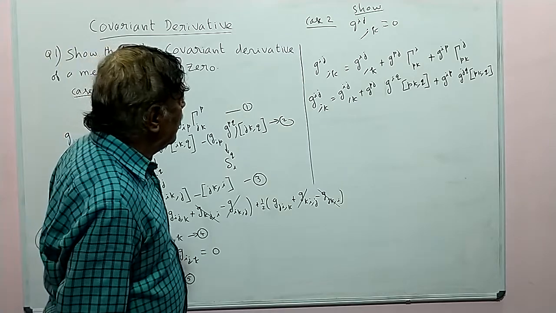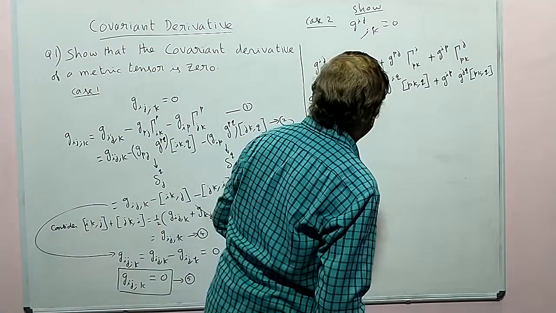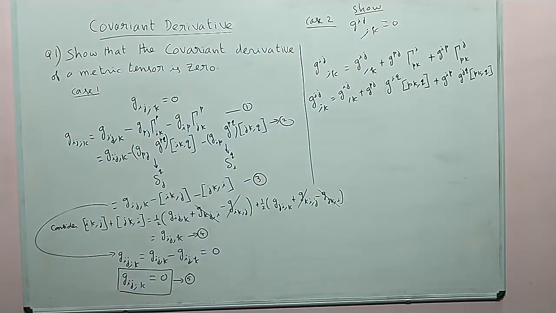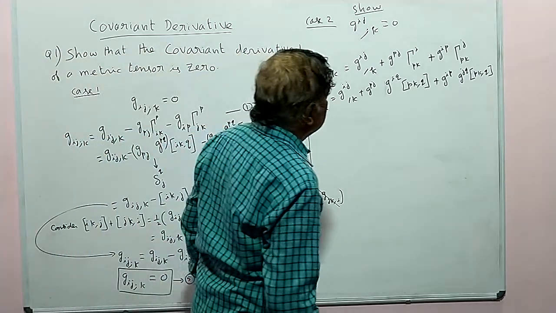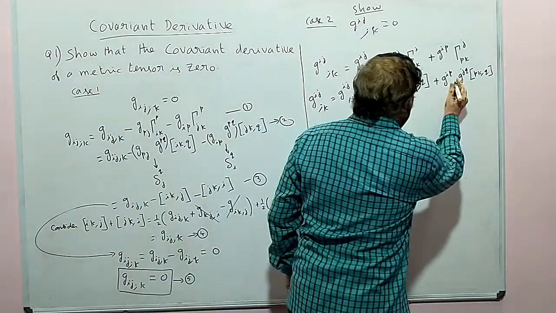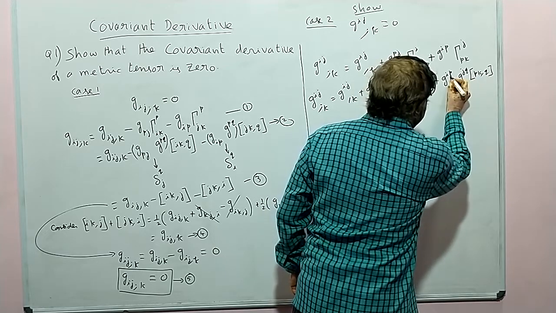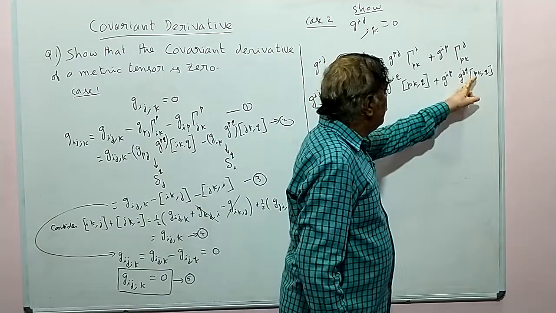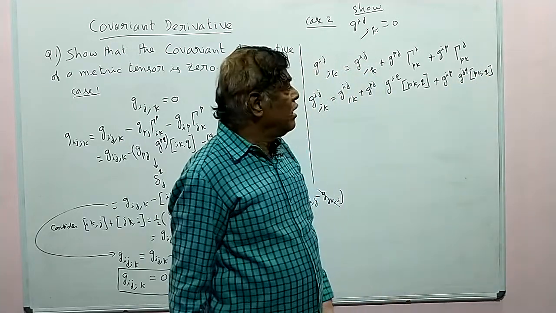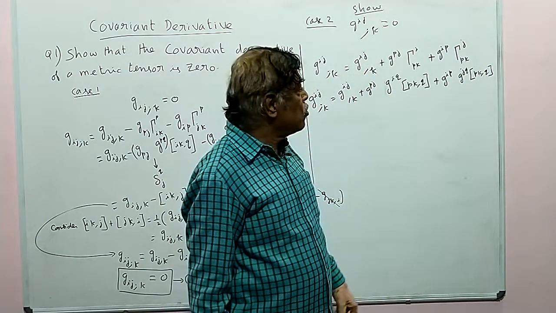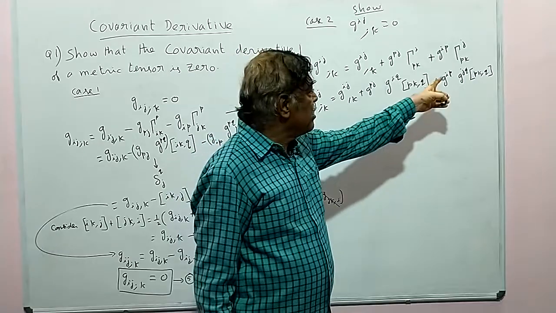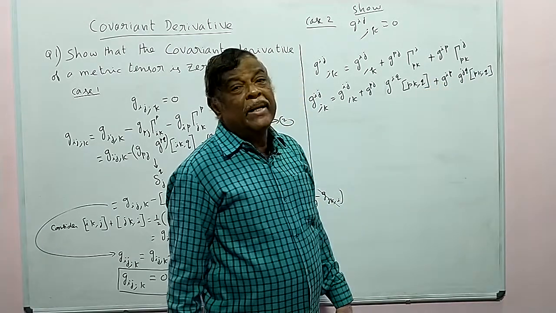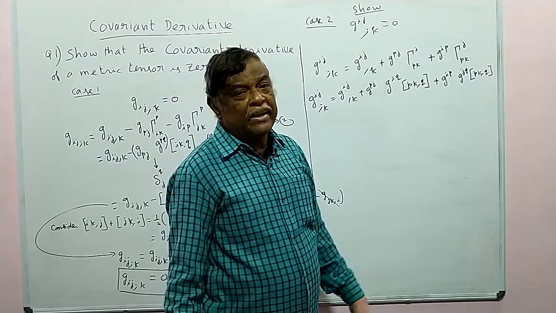Then here you see p and p, the two indices are repeated, so p is a dummy index. q and q are repeated, so q is also a dummy index. A dummy index can be replaced by any other index.